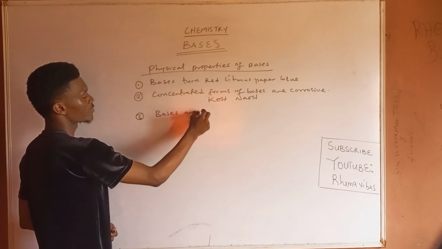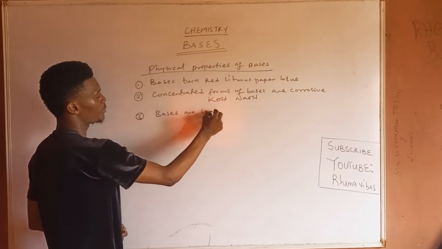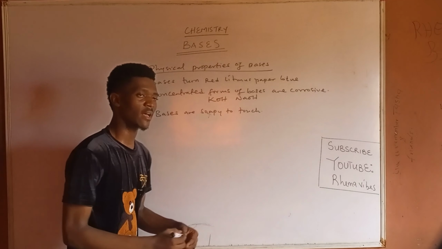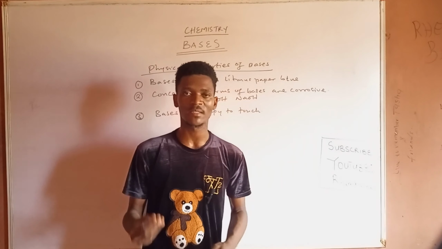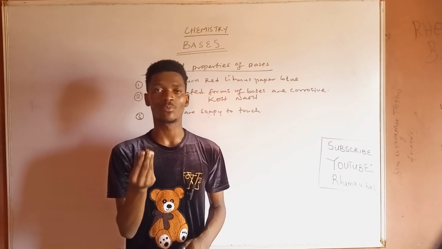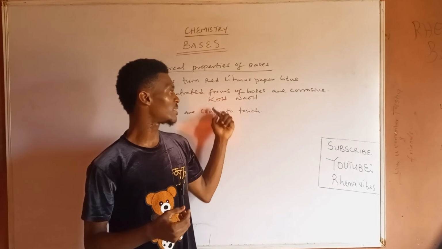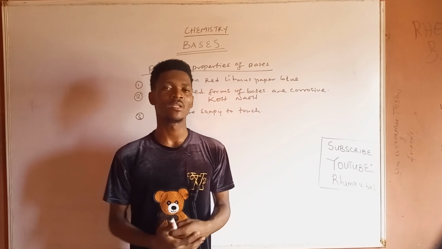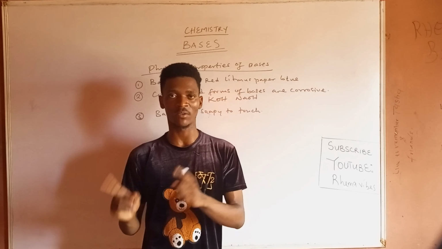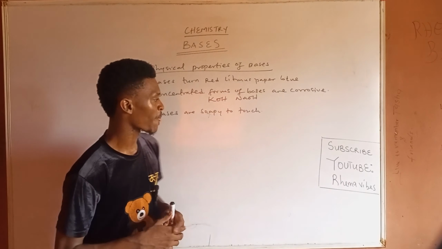Again, thirdly, now bases are soapy to touch. And what does that mean? It means that when you feel bases in between your fingers, they are usually what? Soapy. In fact, interestingly, it is the bases that are commonly used in the manufacturing of soap, that is the saponification process under organic chemistry. Alright?